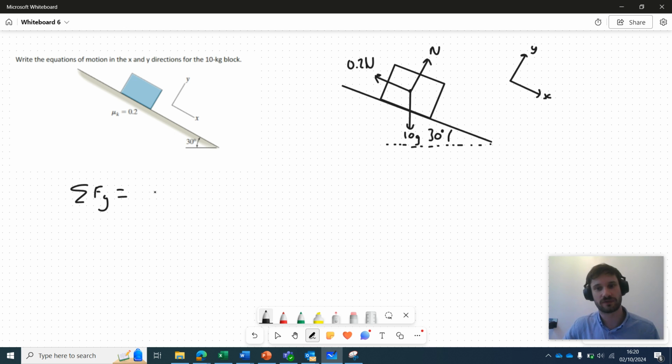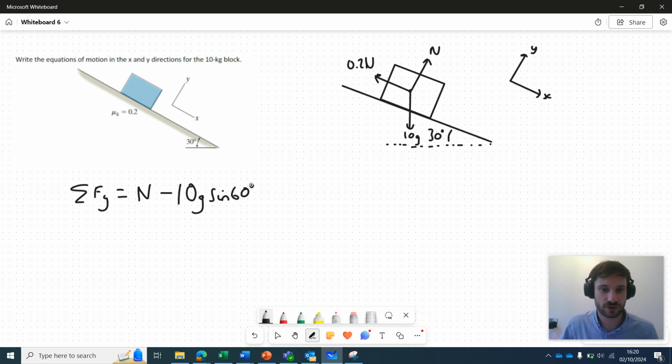So the sum of forces in y. I may need to slant my head to try and look at this diagram as if y is up and x is horizontal. So if I want to consider things acting up, I've got N. If I want to consider things acting down, I've got the y component of this 10g force here, which I can describe as 10g sine 60.